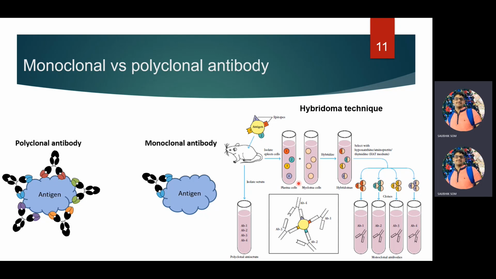However, they cannot produce antibodies, but the B cells have the feature to produce antibodies, correct? Now if we merge these two, then the antibody-producing feature of the B cells and the indefinite division feature of the cancer cells are merged.